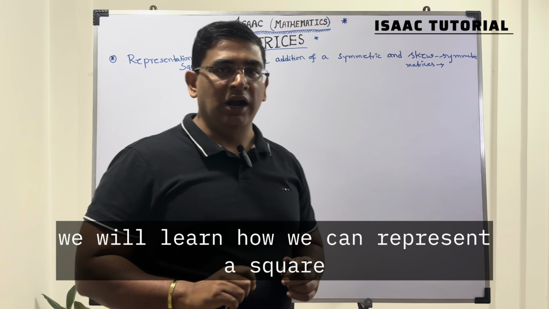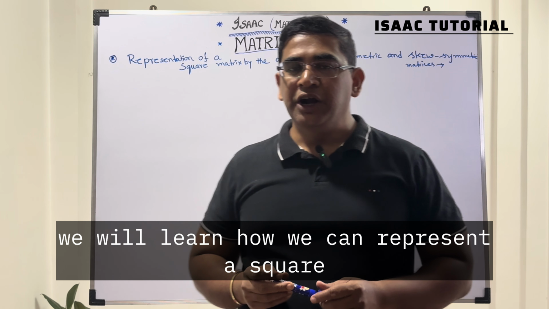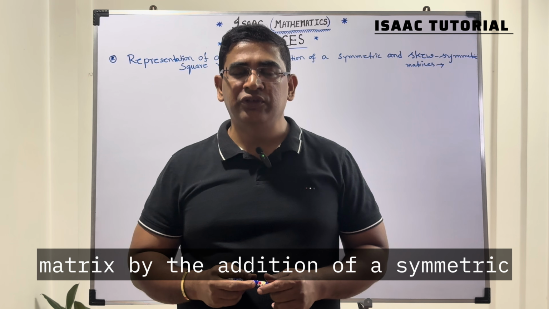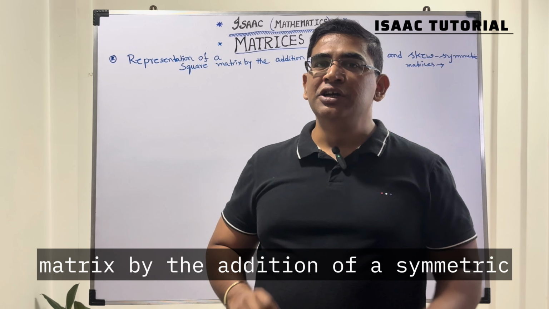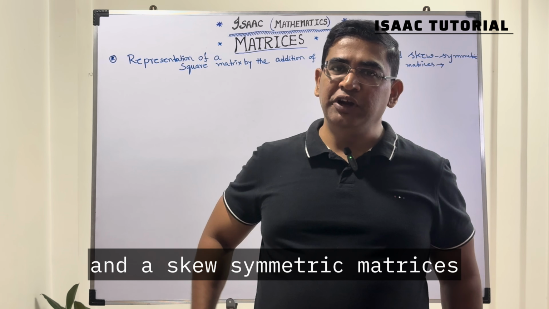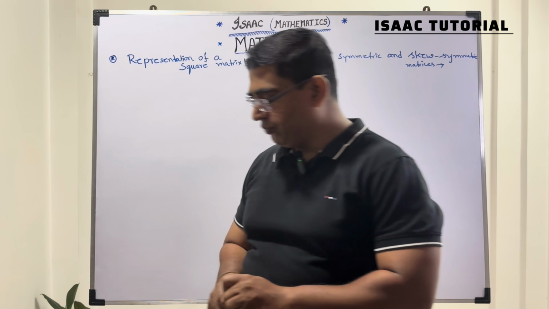Now we will learn how we can represent a square matrix as the addition of a symmetric and a skew symmetric matrix.